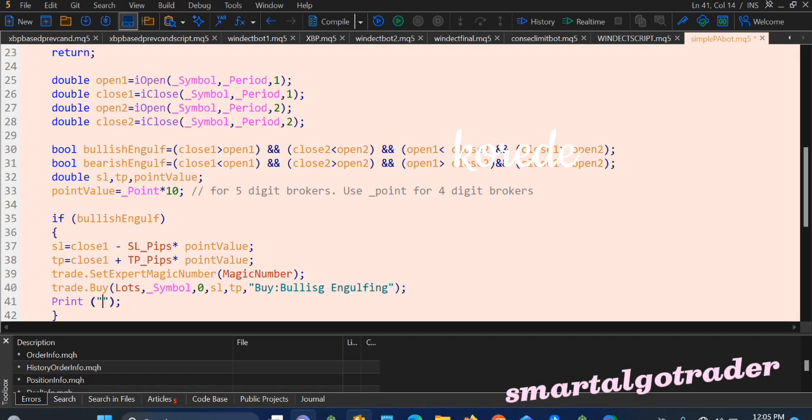Let me just put bullish engulfing. Means I don't want to be serious now. Bullish engulfing. Buy order placed.